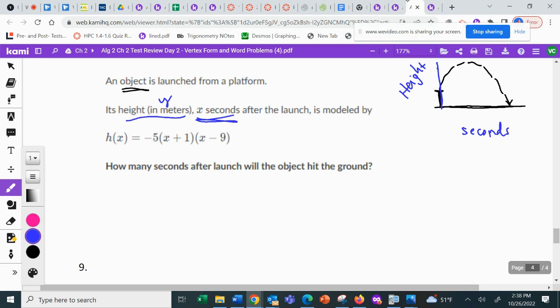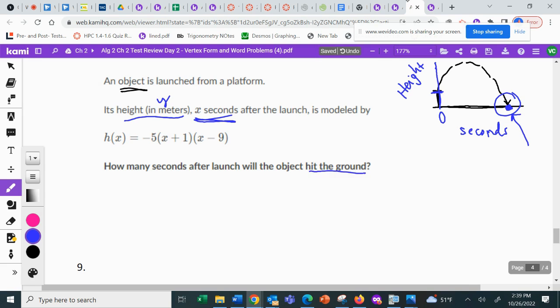Right here at 0 seconds, it's taking off, starting on a platform, not the ground. Eventually it's going to hit the ground again. What characteristic of the graph is that? That's an x-intercept. So if we see something like hit the ground, we're finding an x-intercept.